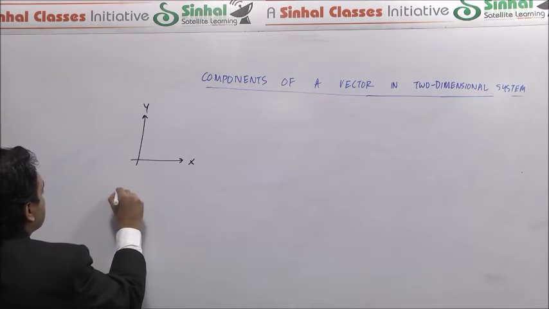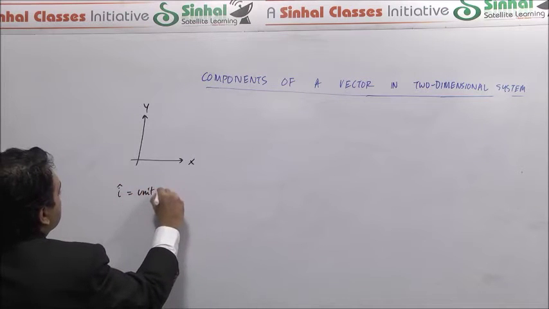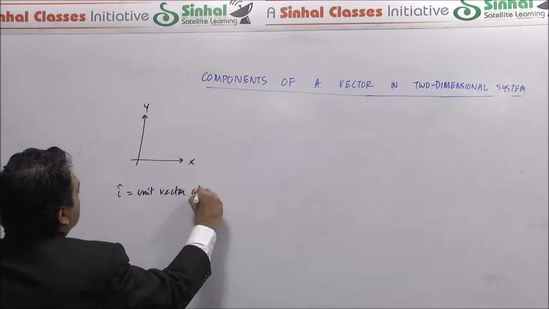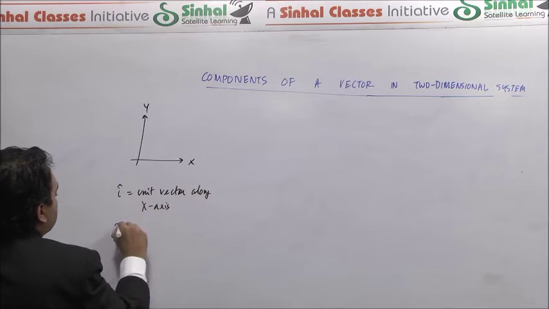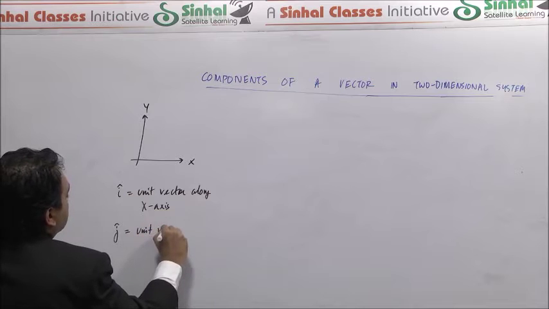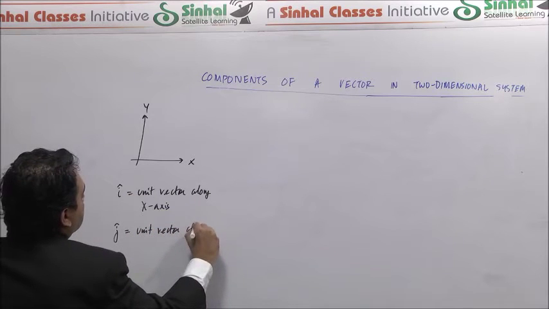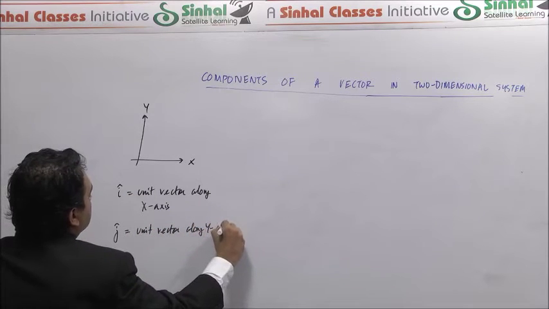So as we discussed earlier, i cap is the unit vector along the x-axis, and j cap is the unit vector along the y-axis.